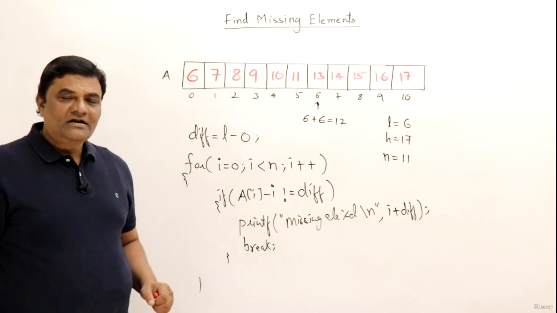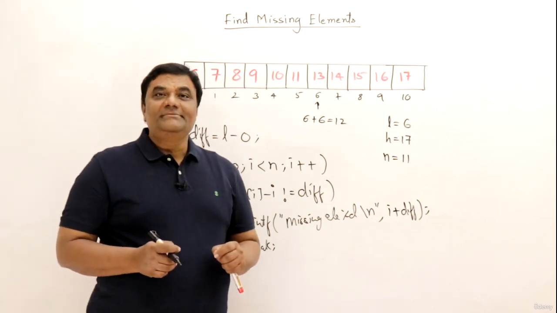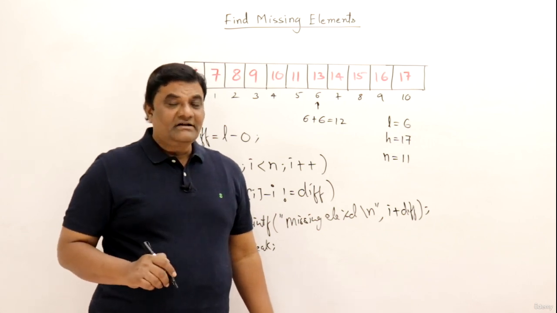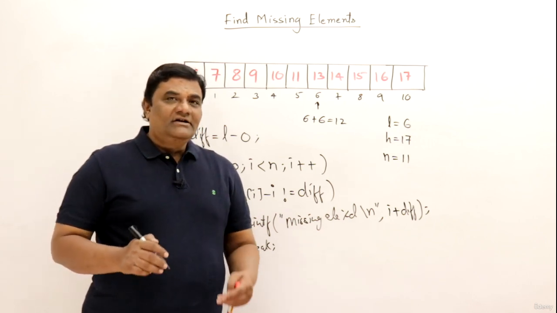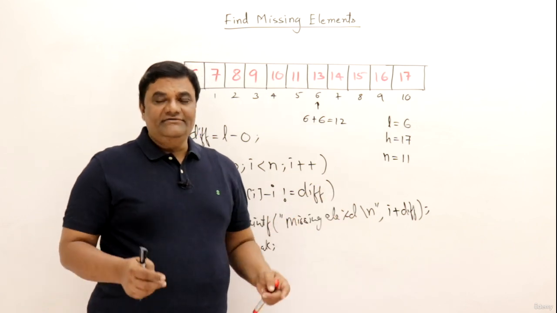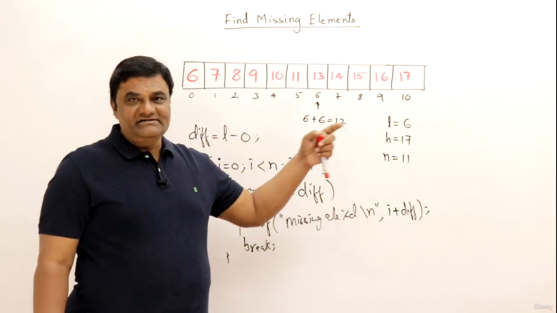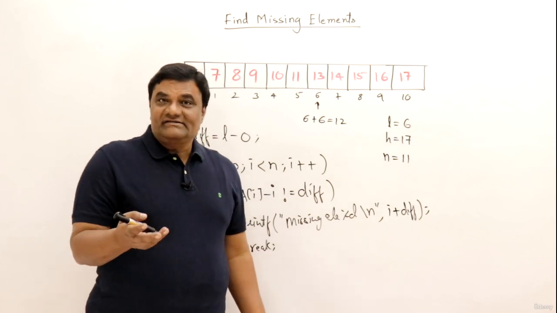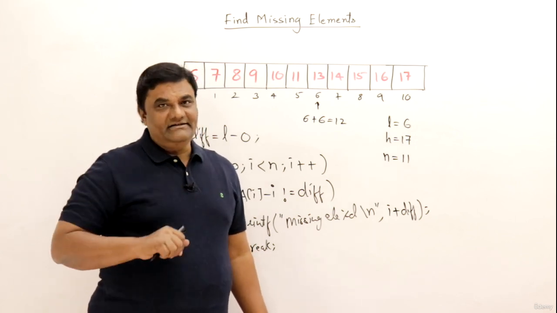Now one thing, what is the time taken for finding the missing element? We have finished finding a single missing element. What is the time taken for this? The time depends on the amount of work we are doing. So what is the work we are doing? We are scanning through the elements in an array. How many elements are there? N elements are there.